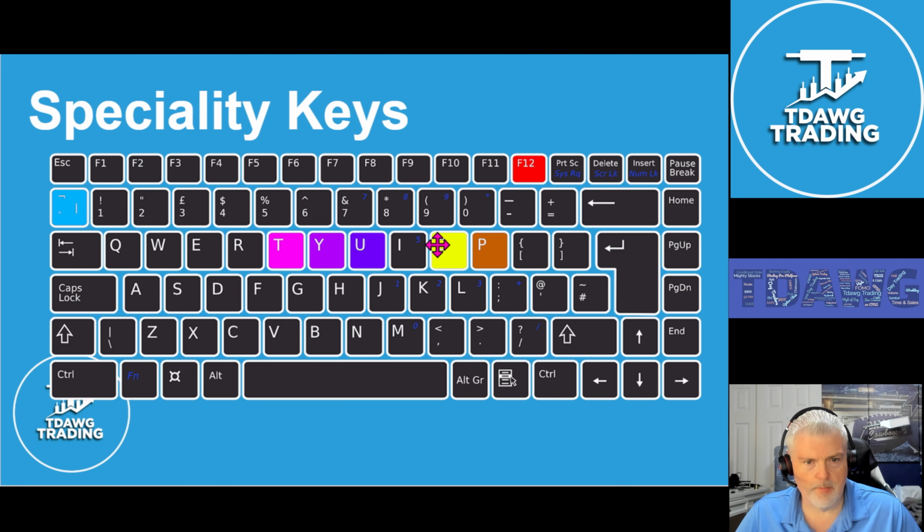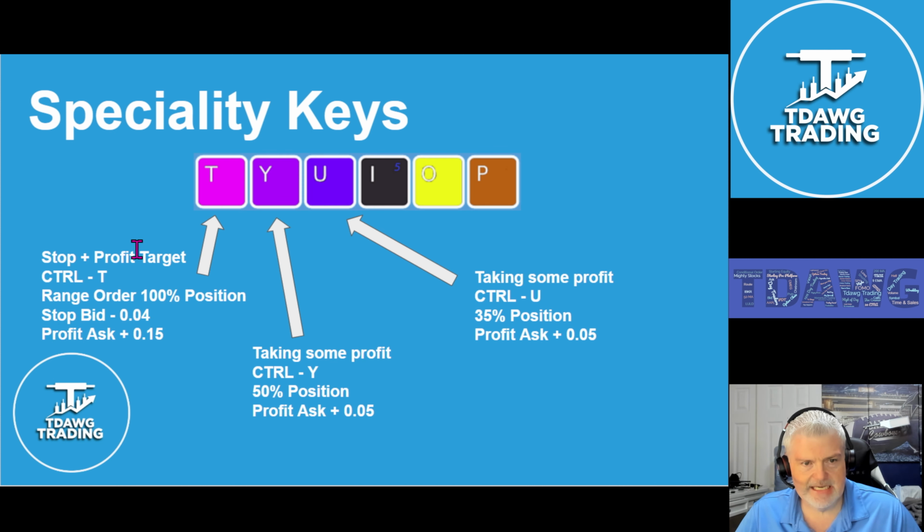So again, if you go back, I have the T, Y, U, and O and P. The T is for when I'm seeing momentum, but know it's in a critical stage and could go either way. I'm not really using it to take profit.